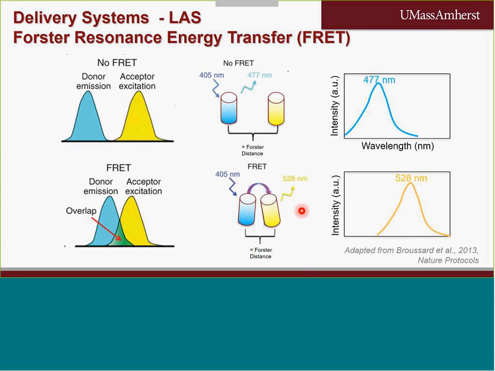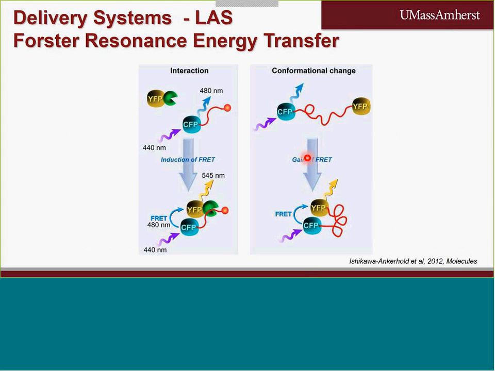This is particularly important in proteins because it allows us, for example, to assess interactions and conformational changes. If I have two proteins, one being the donor and another being the acceptor, when they are coming together and interacting, you are going to see FRET and emission from the acceptor if they are close together.